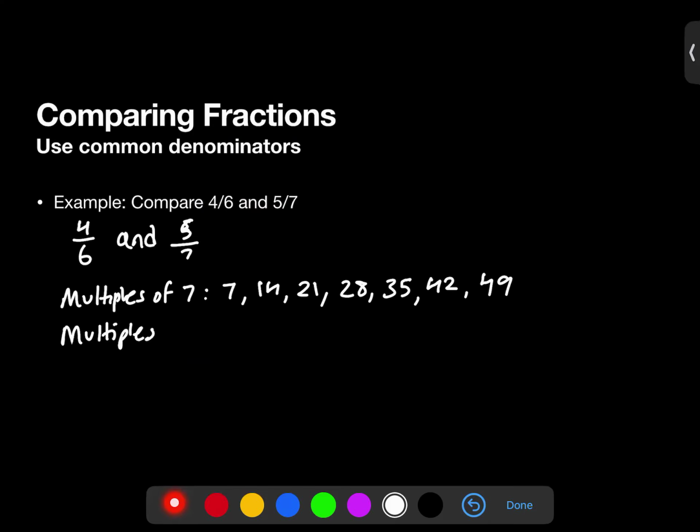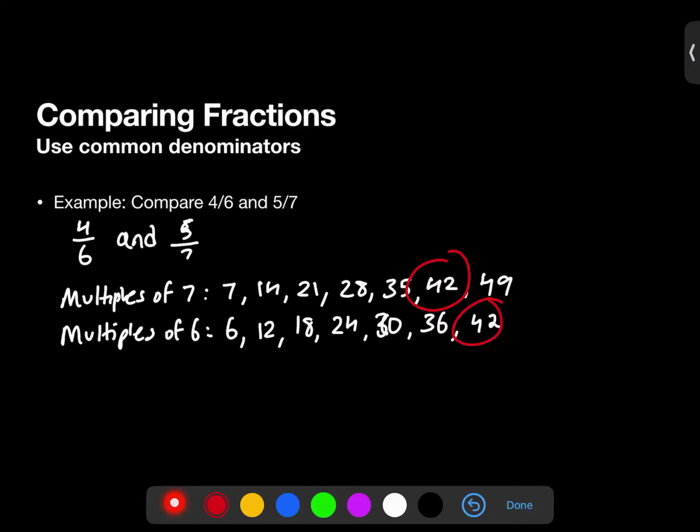Okay, good. So now multiples of 6. Okay, good. So now we found our LCM, least common multiple, which is 42, right?